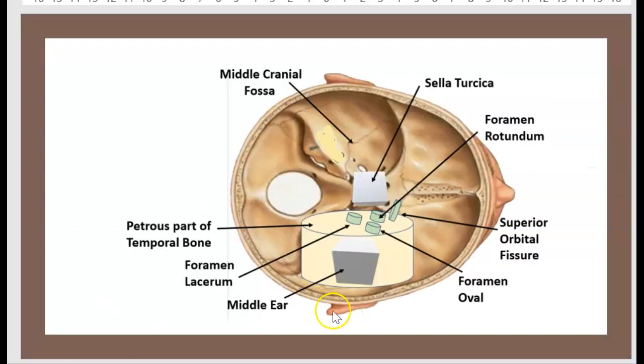Another way to show the middle ear: here's the petrous part of temporal bone, here's the middle ear, here is the cellular, and of course inside of middle cranial fossa. We recognize the foramen lacerum, the foramen ovale, and the foramen rotundum, in addition to the superior orbital fissure.